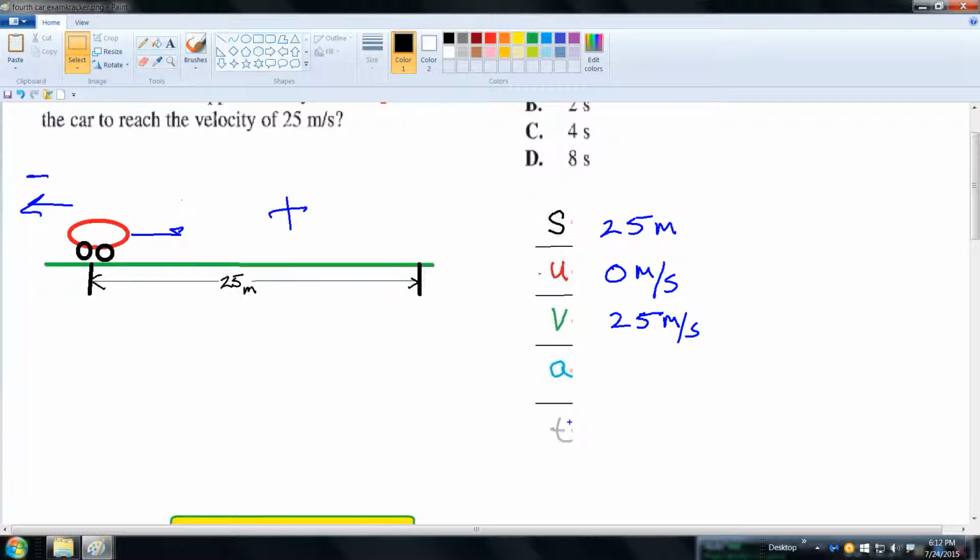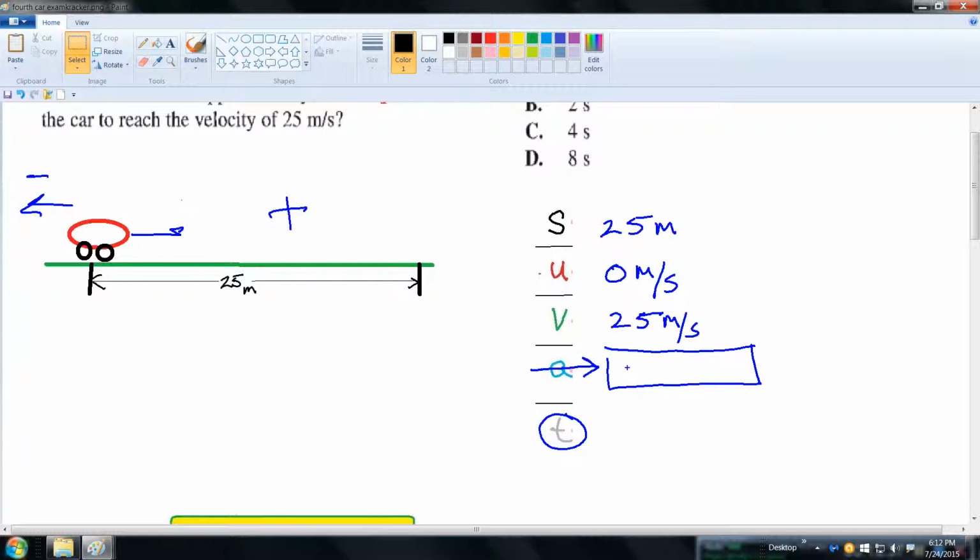Step 3 is circle the thing that we need. We need to know how long it took for this event to happen. And the 4th step is we're left with the variable acceleration. So we draw a line through the variable that's left, and we are going to use the equation that's affiliated with that.